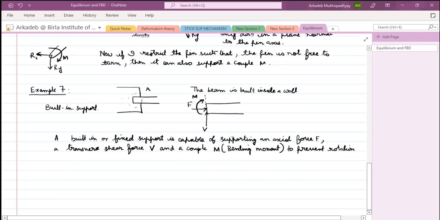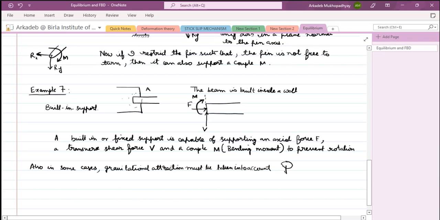So this is your built-in support. Also, in some cases, gravitational attraction must be taken into account, which is basically the weight of a body.